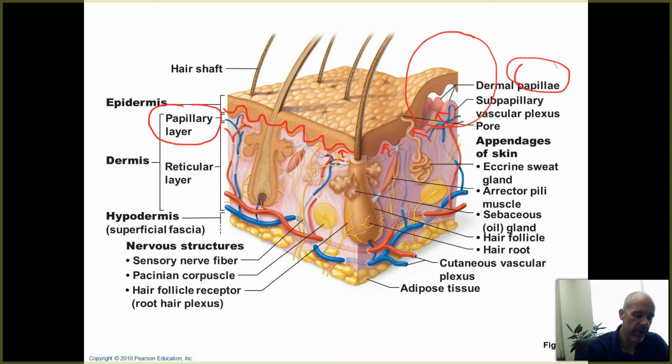Each hill or bump is called a papilla. Papillae is the plural form of that word. You'll see that more than once during your A&P careers. That term refers to something that has a hill-like appearance. So that sublayer is fairly thin.